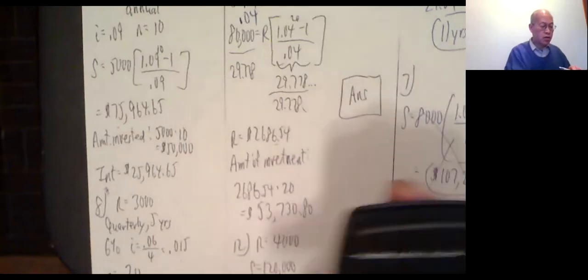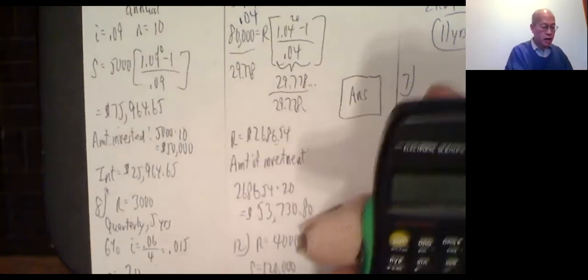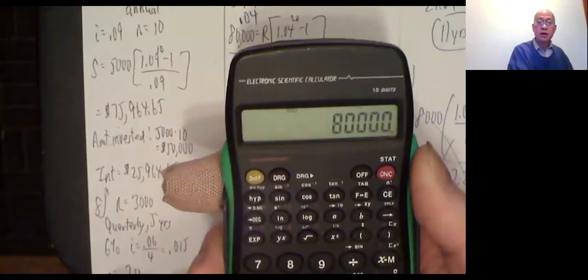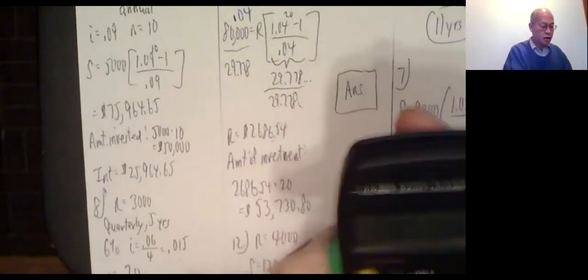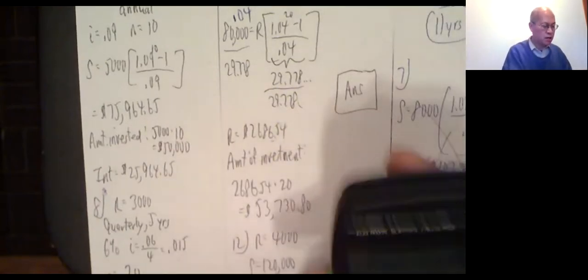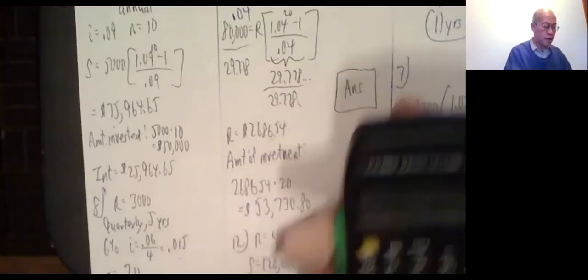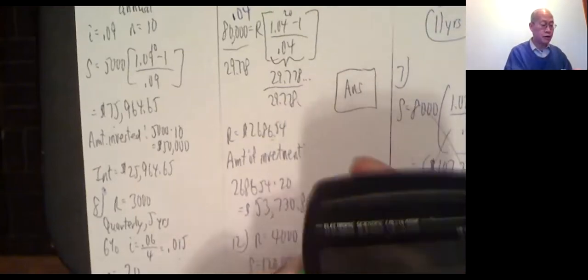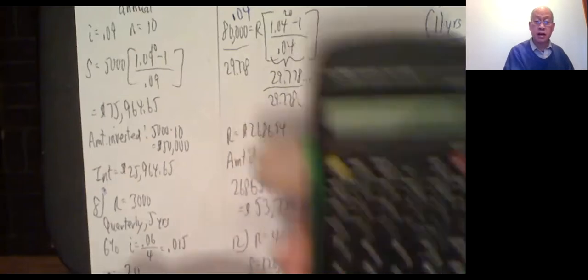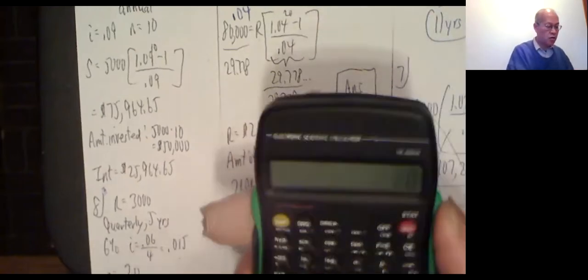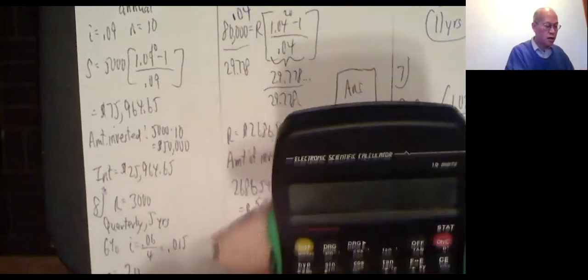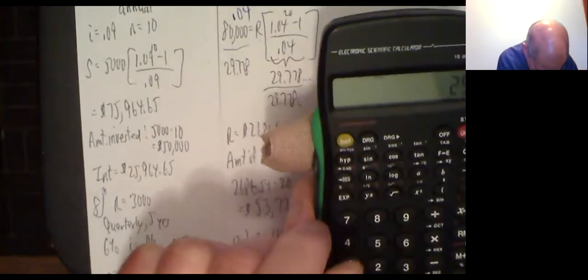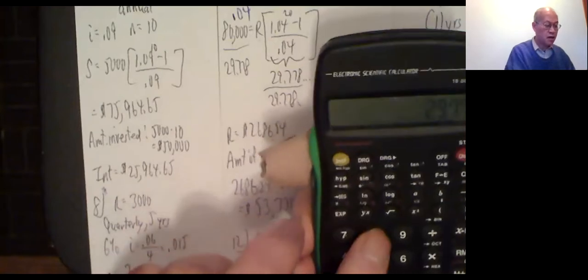In fact, on this calculator, that's exactly what I would have to do. So I'll just go ahead and do it. This calculator doesn't have the answer button, so I'm forced to go 80,000 divided by, and then I have to type every single digit. Let me see if I can get it correctly. 29.778. Oops, I didn't even put the decimal point. So I messed up already. Start again. 80,000 divided by 29.778078575758.